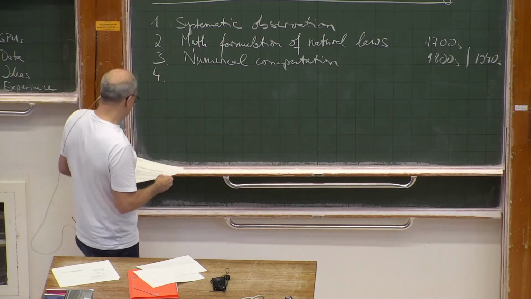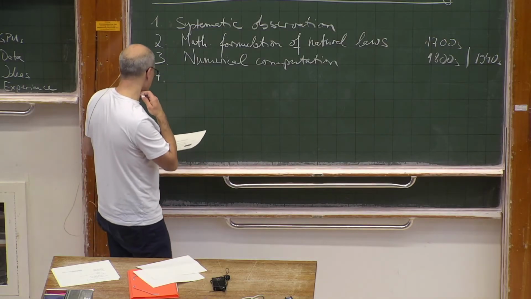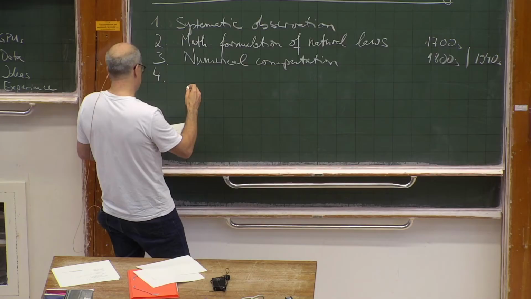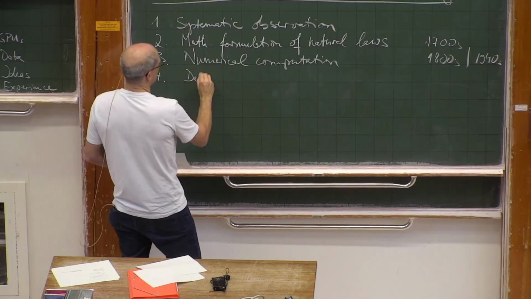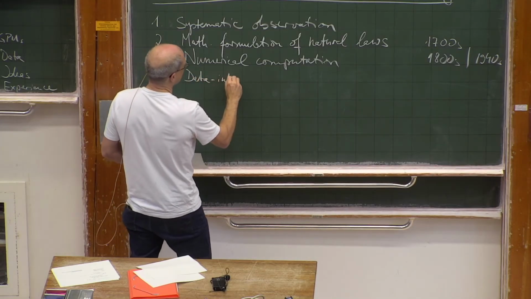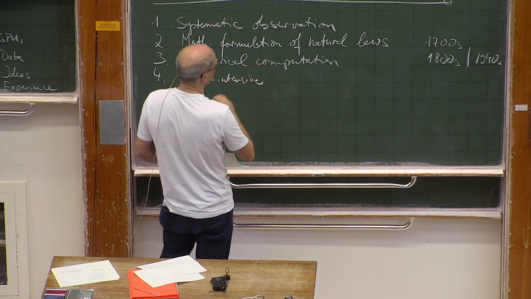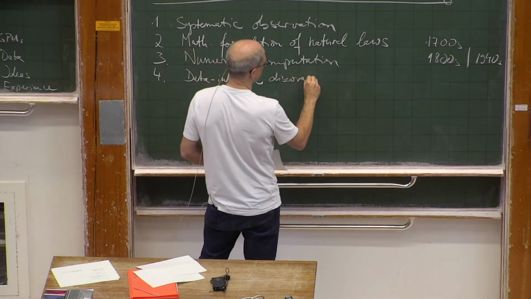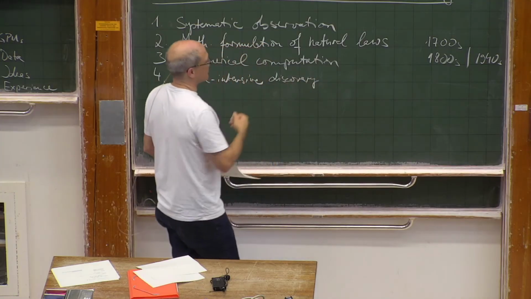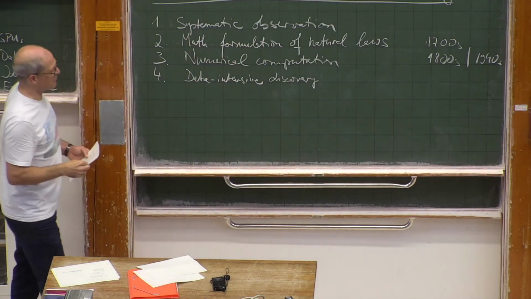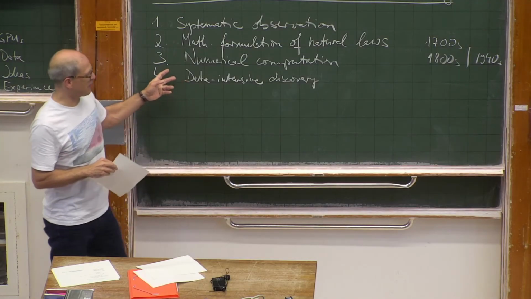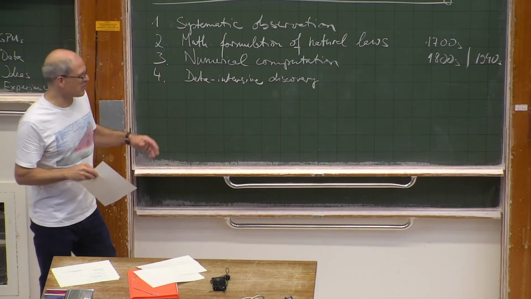Then, by his counting, the fourth paradigm has been data-intensive scientific discovery. And what he means by that, I believe, are accelerators, the observational instruments that we have in astronomy.